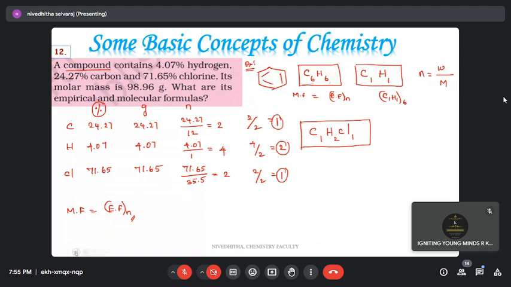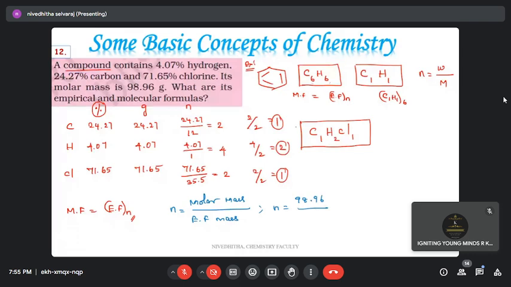So to find the value of n, there is a formula which is molar mass divided by empirical formula mass. So n is equal to, what is the molar mass of this compound? Which is 98.96. And what is the empirical formula mass?